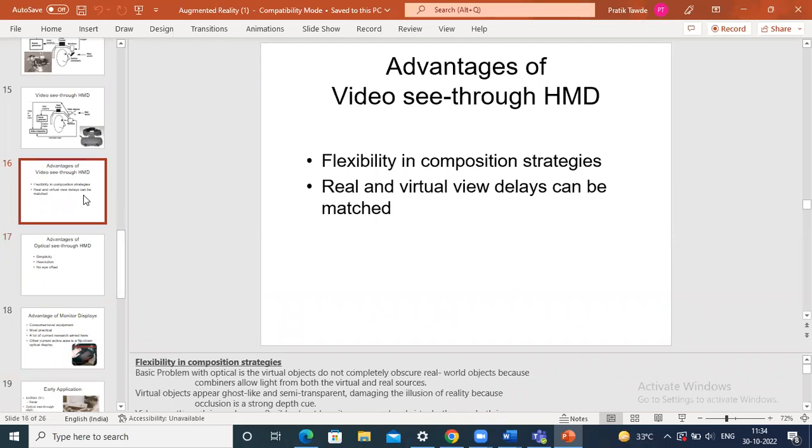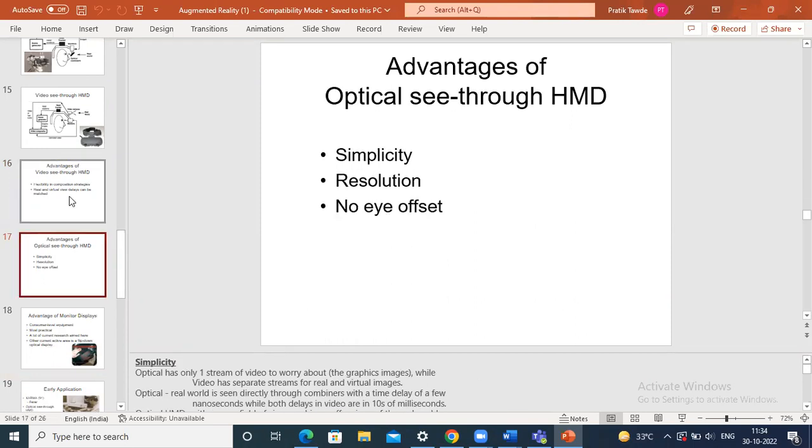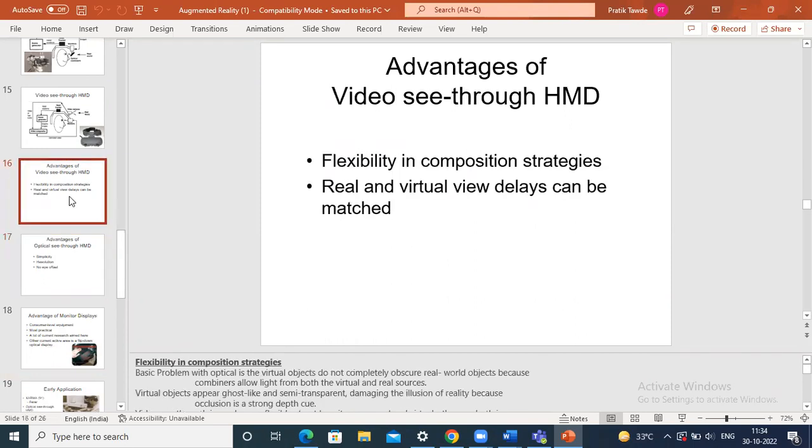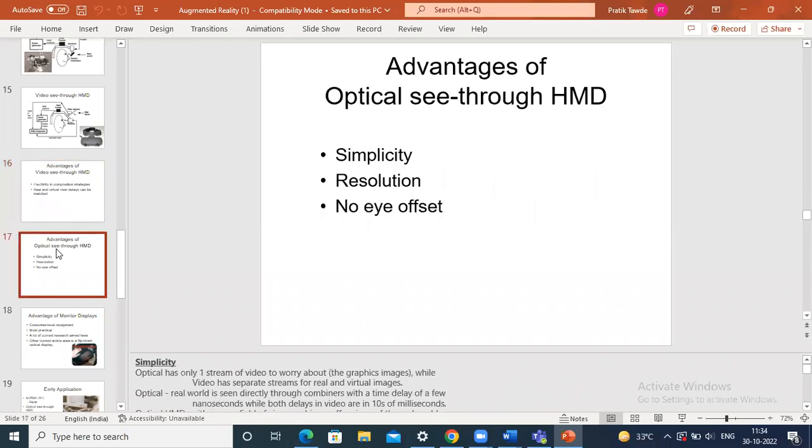Most of the time this comparison is asked: what are the advantages of video see-through HMD and optical see-through HMD. So just kindly make a note of this. Advantages of video see-through HMD are flexibility in composition strategies, real and virtual view delays can be matched. And the advantages of optical see-through HMDs are simplicity, resolution, no eye offset.